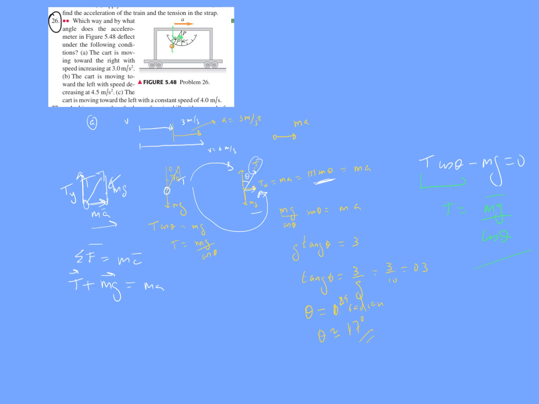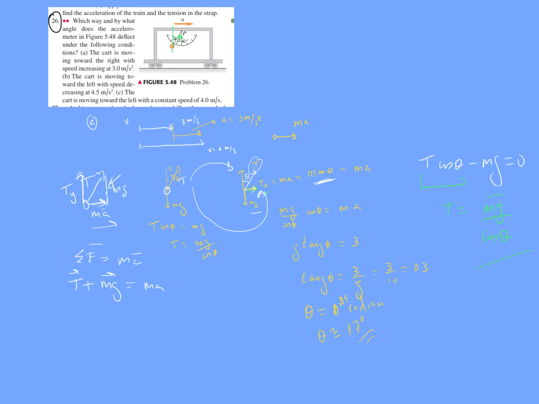And in the x direction, Tx is the only force. Tx equals m by ax, and Tx is T sine of theta. So T is mg over cosine of theta, times sine of theta, equals ma.